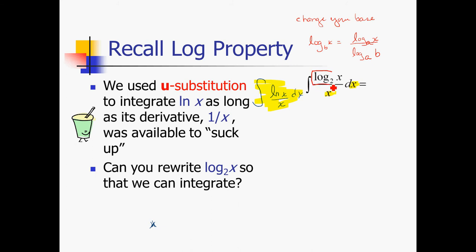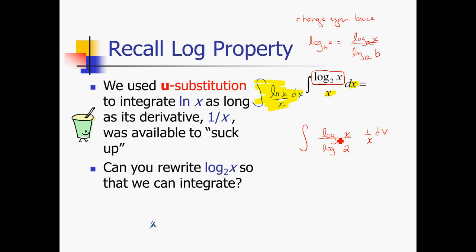We're just going to take log base 2 of x and rewrite it. So I'm going to keep this 1 over x dx over here, and I'm going to take log base 2 of x and do the change of base property on it. So I'm going to write log old argument over log old base, and then I'm going to insert any base I want.